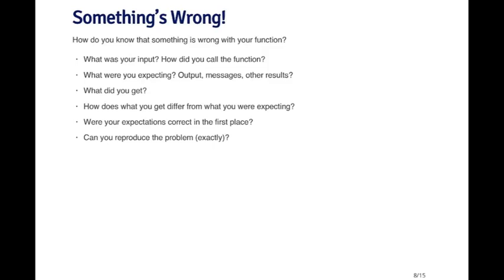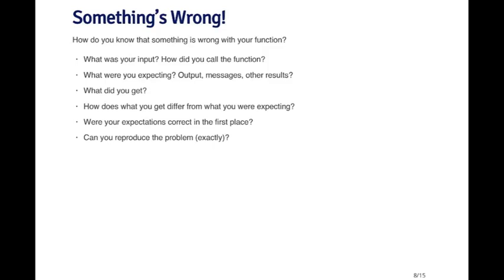Another key aspect of debugging, of course, is that you have to be able to reproduce the problem. Because if you can never reproduce the problem, you'll never have a chance of figuring out what went wrong, because it only happened one time. So this is very, very important.